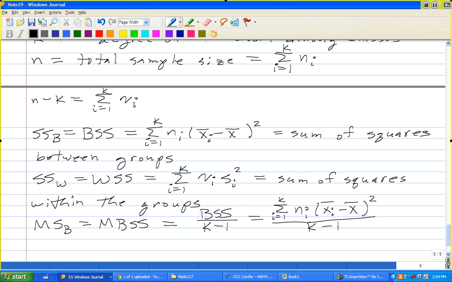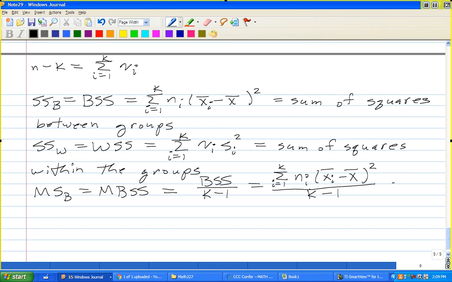So this is the mean sum of squares between groups.